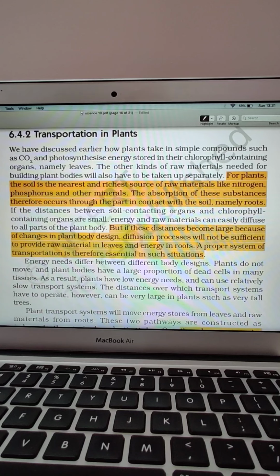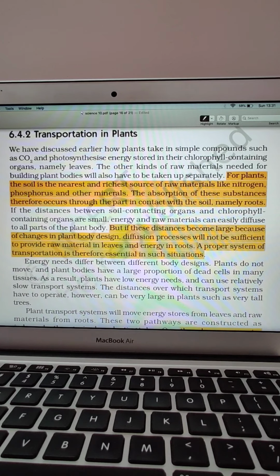When we talk about plants, as you all know, plants prepare their own food using simple inorganic compounds like, what? Carbon dioxide, water, and some other raw materials, and photosynthesize, storing their energy in the presence of sunlight in the chlorophyll of the leaves.